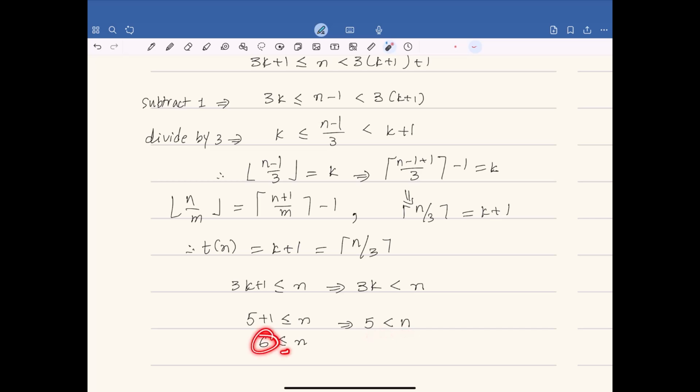But what if we have 5.1? 5.1 satisfies 5 less than n, but this is not correct because 5.1 is not greater than or equal to 6. So this transformation, we do it if n is an integer and also 3k plus 1 is an integer.